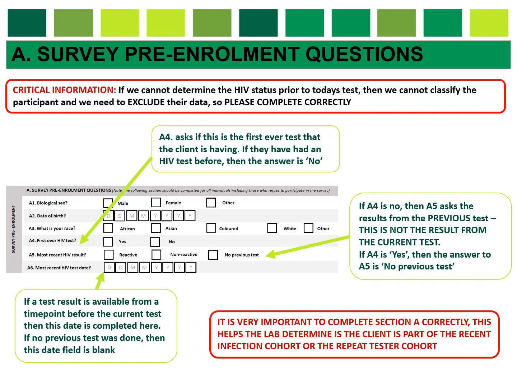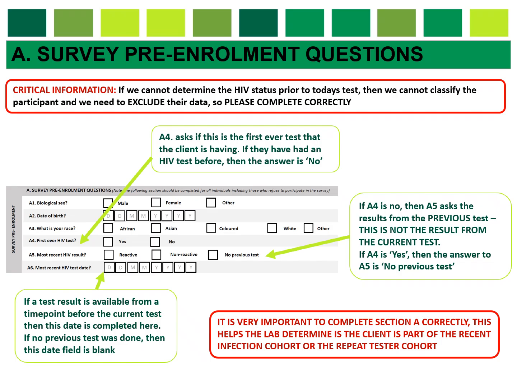The next question, A5, asks what was the result of the most recent. So not today's result, but the most recent test that they've had before they came to the clinic today. If you have answered yes for this is the first test ever, then for A5 you'll see there was no previous test. This has to make sense. If they had a reactive result before today, it's important to record that.